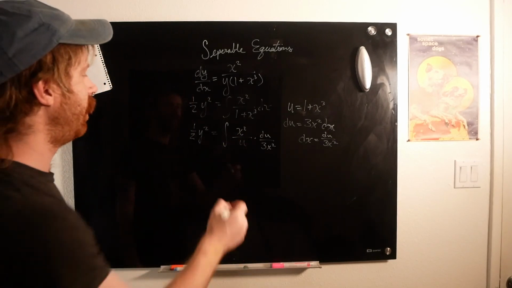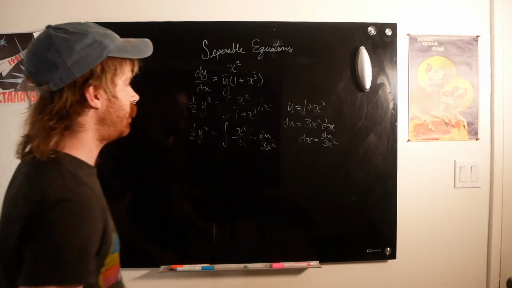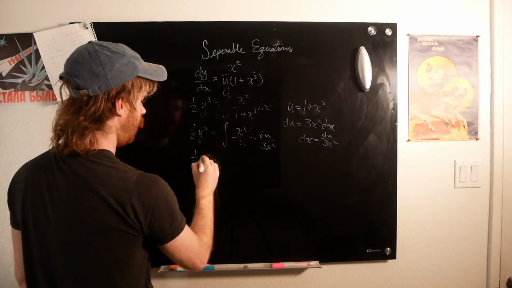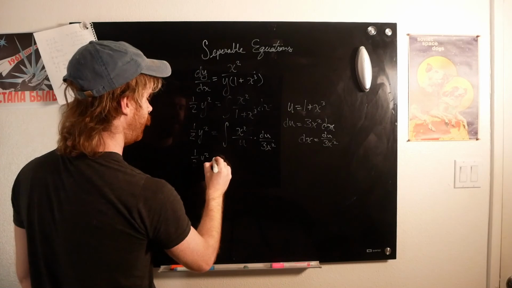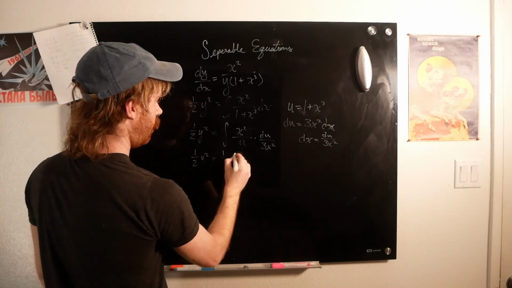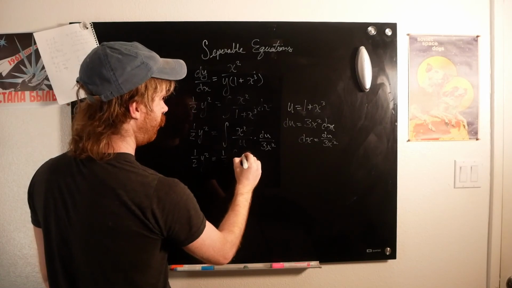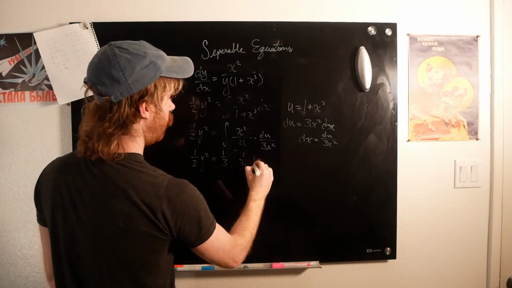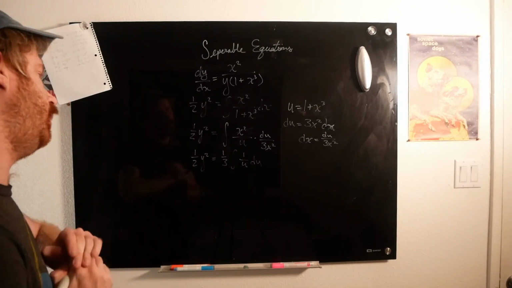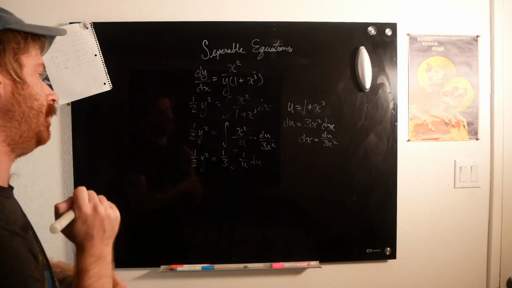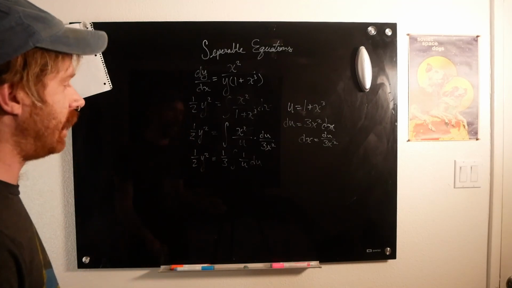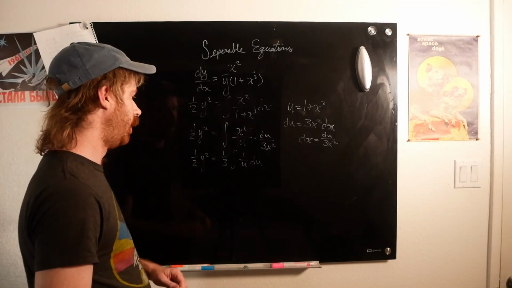Now we have just an integral in terms of u, but it's 1/3 of it, because we're dividing by 3. So we'll pull this 1/3 out. 1/3 the integral of 1 over u du, right? And the natural log is going to be the integral of 1 over u.